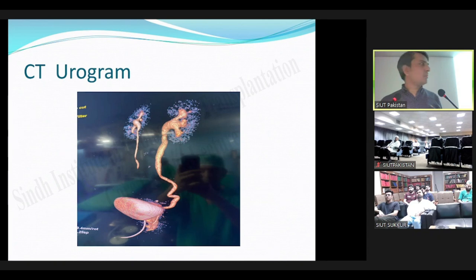When the whole length of a ureter is opacified, is it normal? The right side or the left side? The whole length of the ureter is opacified on the left side. Its pelvis was dilated. Yes, Shrijan.